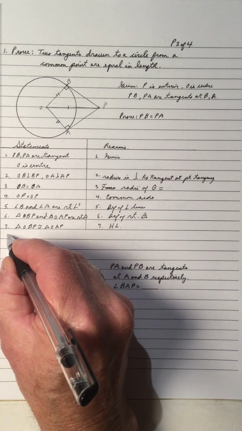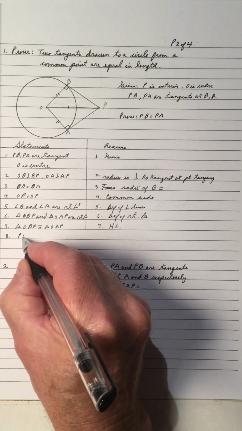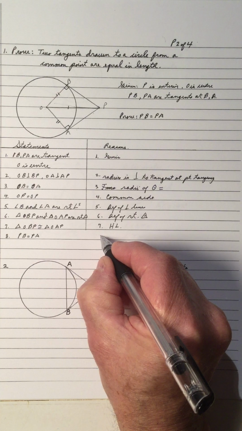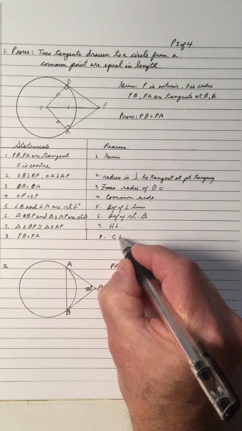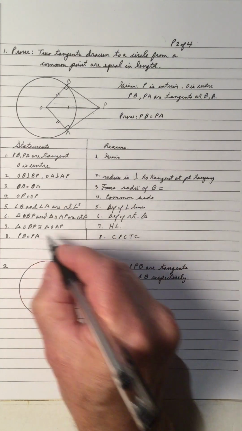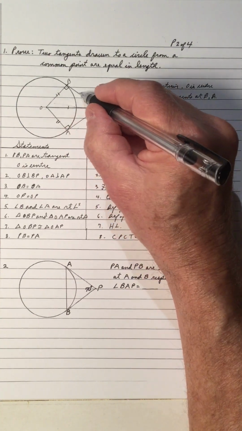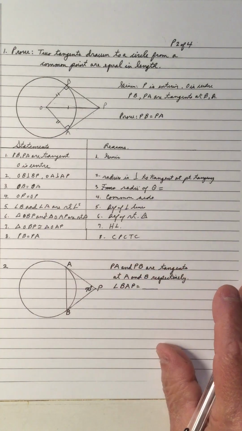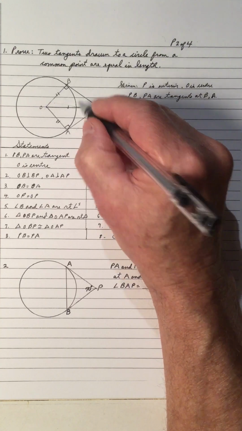And so that means that PB equals PA, and that's CPCTC, corresponding parts of congruent triangles. These two triangles are congruent, so these two corresponding parts are equal. So two tangents drawn to a circle from a common point are equal.